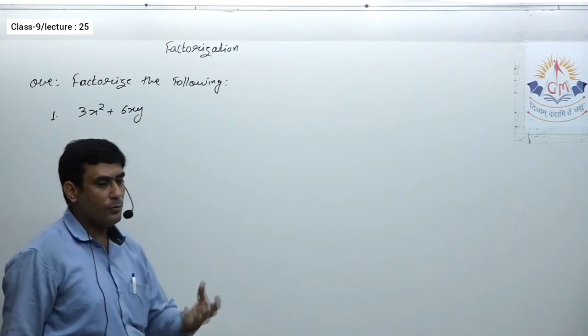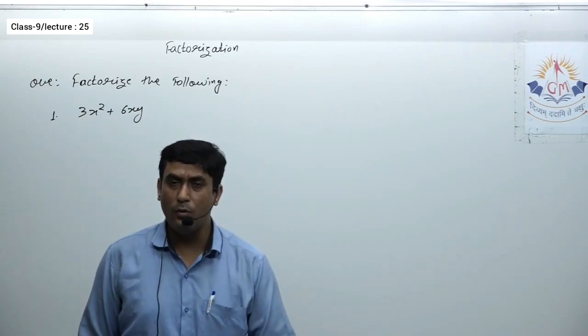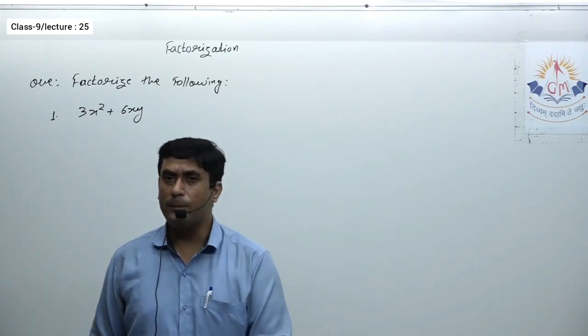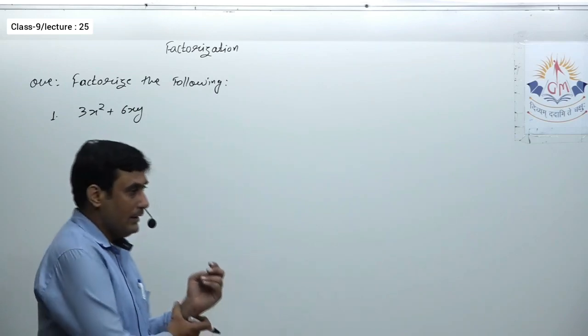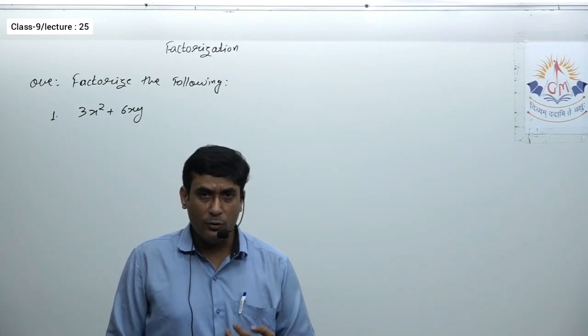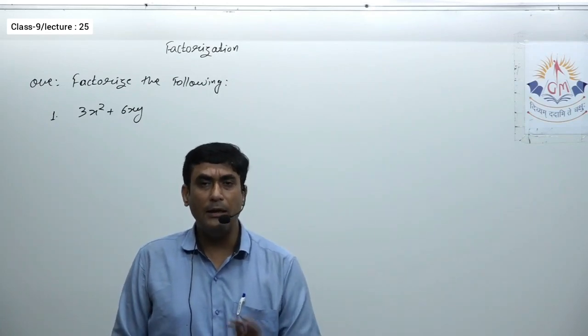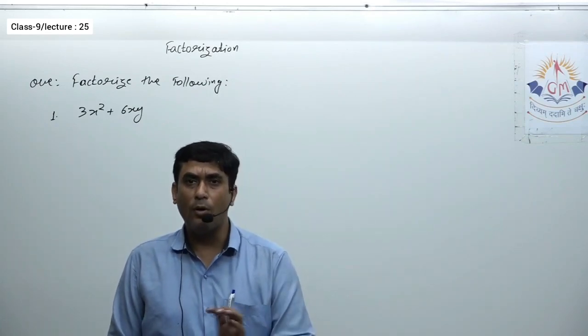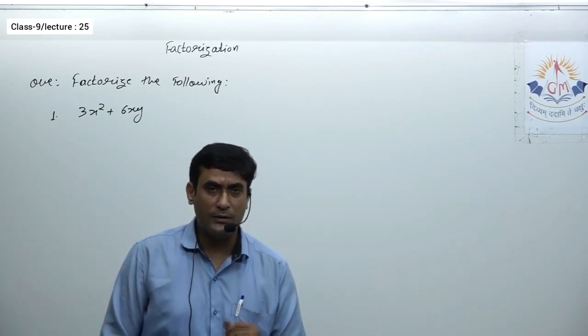That means you have to make two or three parts such that the product is the given expression. As I told you, generally in factorization we have to take common either directly or by making groups or by changing the position of the terms.